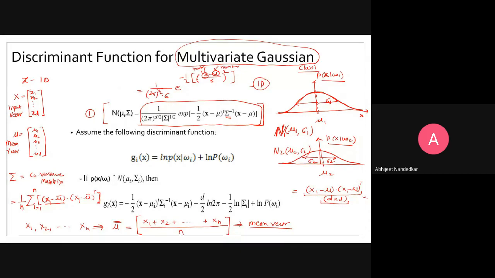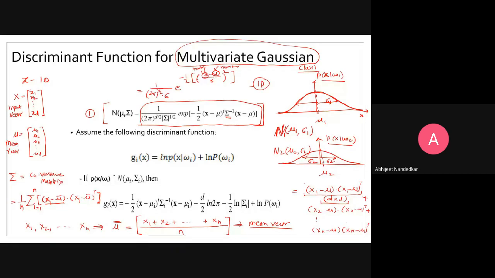Then we are adding to this x2 minus mu into x2 minus mu transpose. So this will be another matrix of d by d. Then I keep on doing this for all the samples belonging to a particular class.